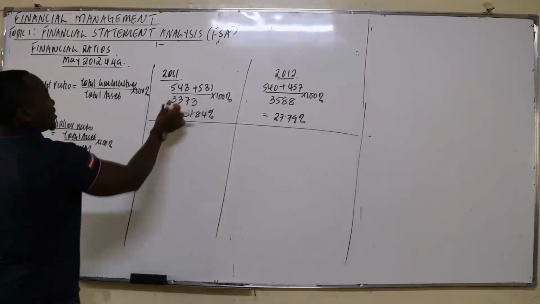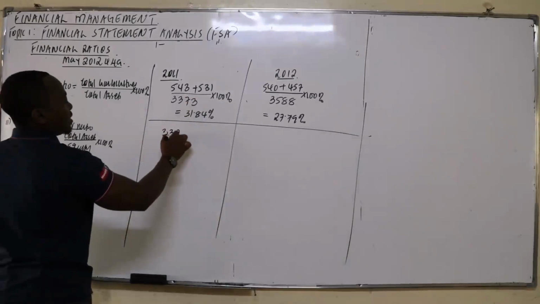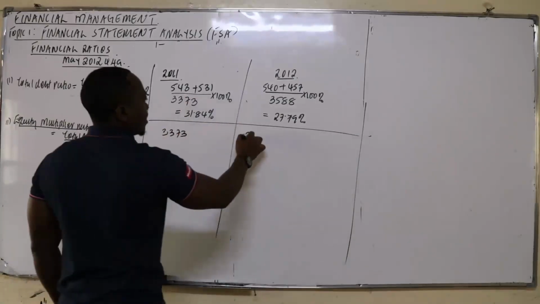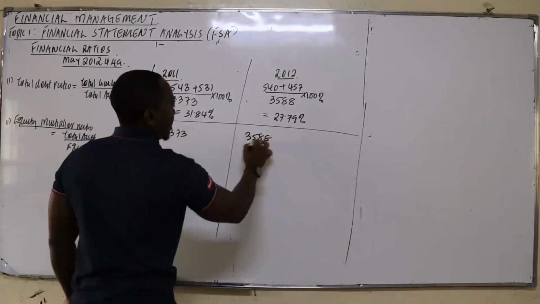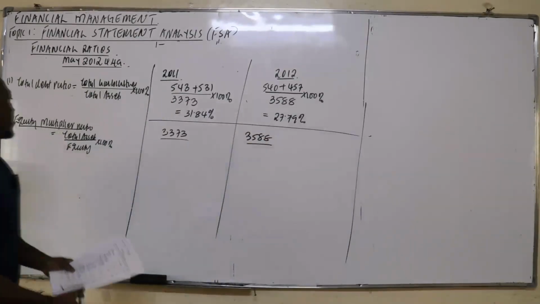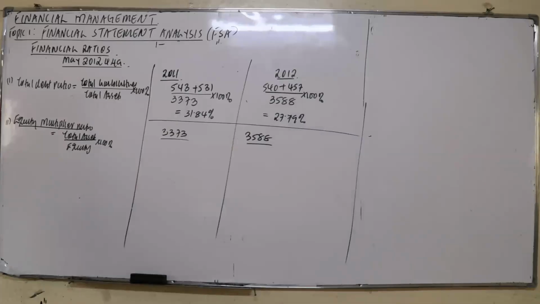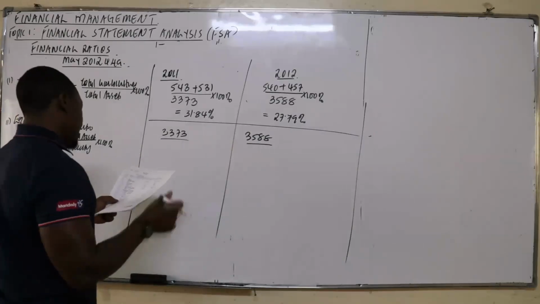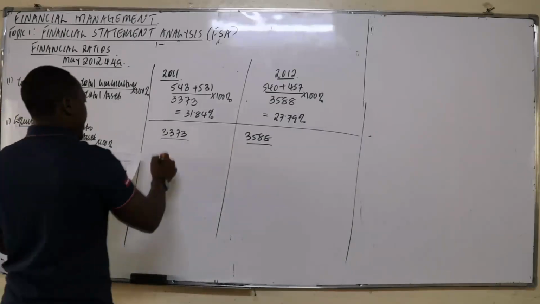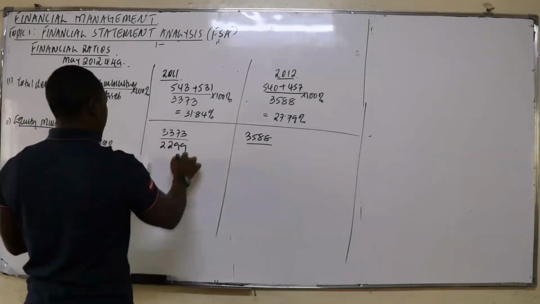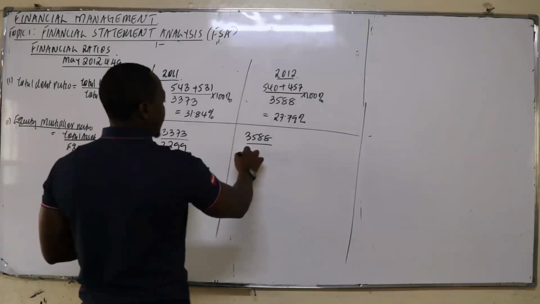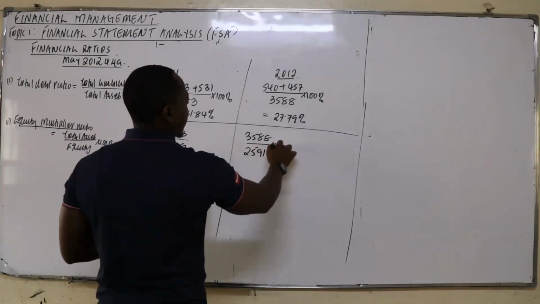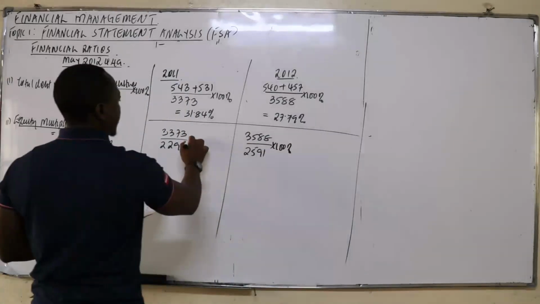The total assets for 2011 was 3373, and then 2012 was 3588. Then you divide by the equity. So we have the owner's equity, where we have the common stock. Now, common stock is the same as ordinary shares, and then we have the retained earnings. And the total here we have is 2299, and here is 2591, times 100.